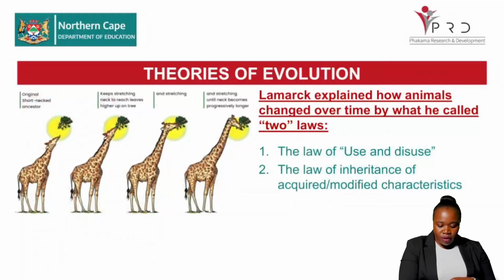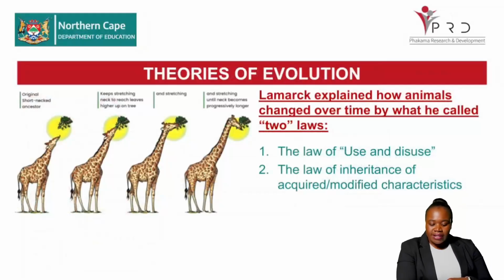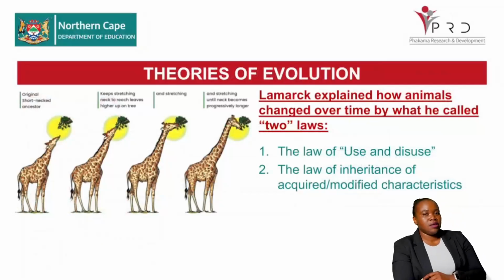Okay, now let's have a look at what Lamarck says. So Lamarck explained how animals changed over time by what he called the two laws of use and disuse. Those are his two laws, right? The law of use and disuse, and the law of the inheritance of acquired or modified characteristics.